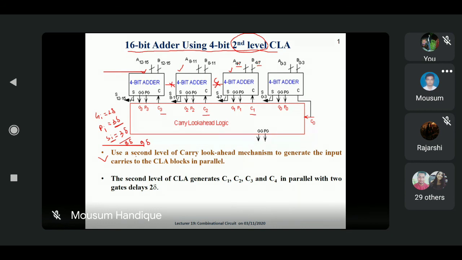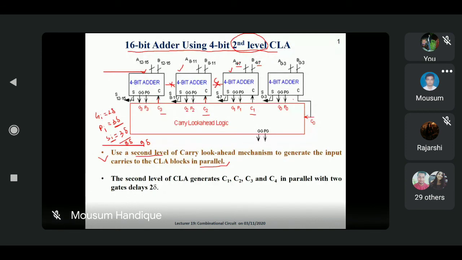Okay, so in this first point, we are using the second level. Suppose some particular gates are there again. So the 4-bit adder is already there. When we are using the second level carry look ahead mechanism to generate the input carries to the CLA blocks in parallel, this particular part is very important. So parallelly we are providing all the carries.